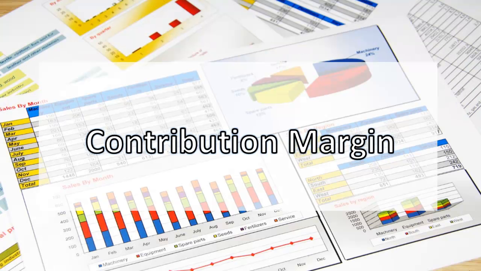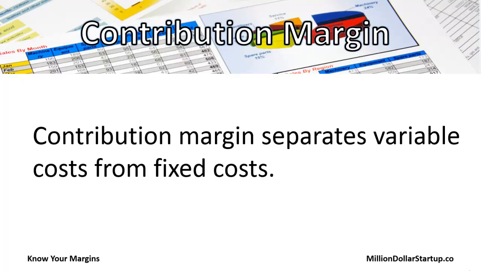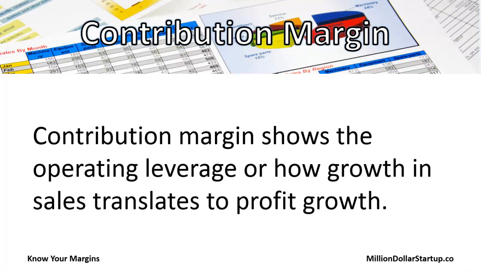Finally, let's talk a little bit about contribution margin, and this will tell you a lot about how individual sales contribute to the overall profitability of your company. The contribution margin separates variable costs from fixed costs, and the reason for that is because it wants to tell you what is the profit margin for incremental sales.